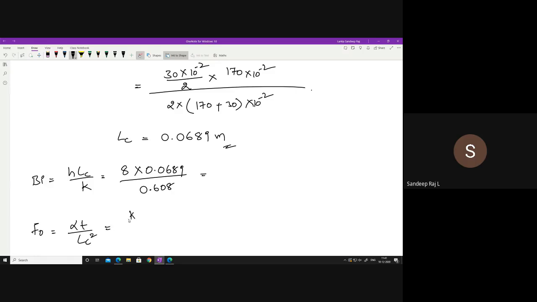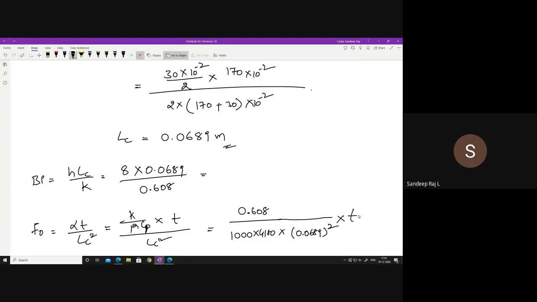Alpha value is k by rho Cp, into the time as unknown, by Lc square. The k value is 0.608 by the rho 1000, the Cp is 4180, and the Lc is 0.0689 square, into t. Tell me what is Biot first.